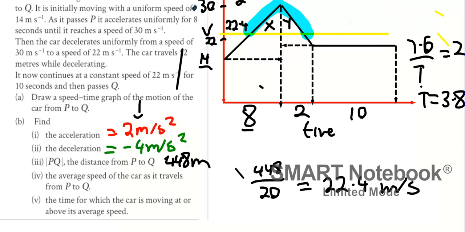Now, we're going to do the same trick on the way down for triangle Y. What can we say about triangle Y? Let's call it T1. Is that okay? What's the height of triangle Y? I think it's also 7.6. But what's the deceleration? 4. So 7.6 over T1 is 4.